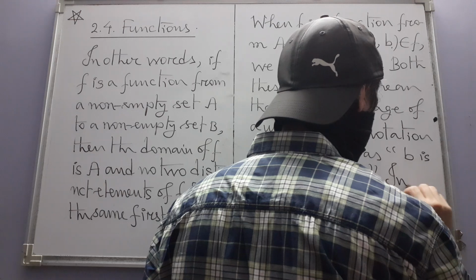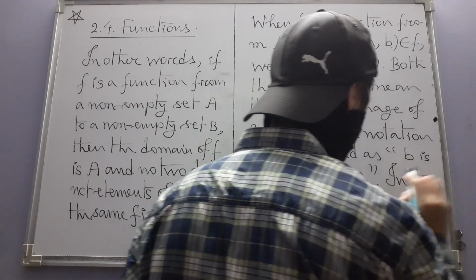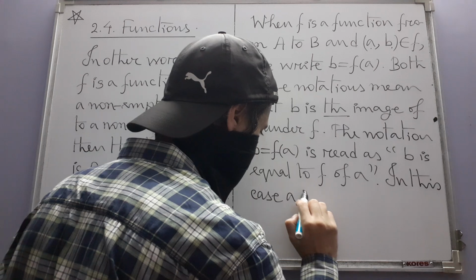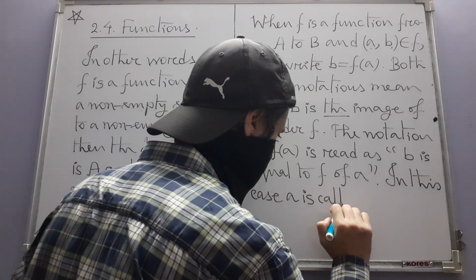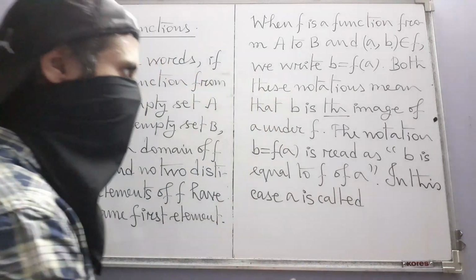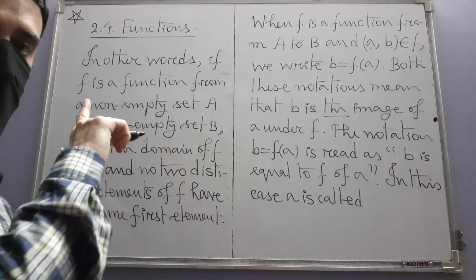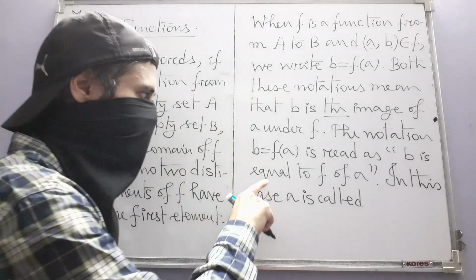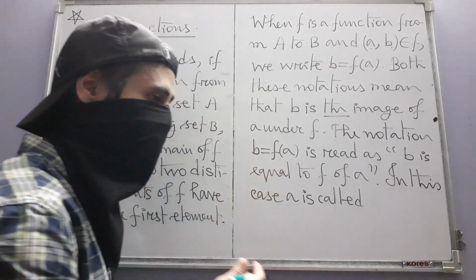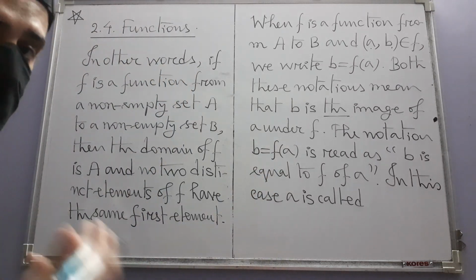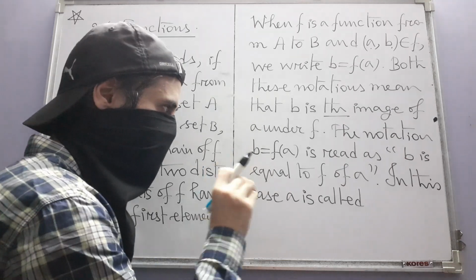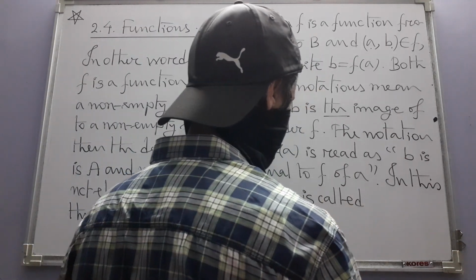In this case, A is called, of course, we already knew even while studying relations, there itself we defined what it means for B to be an image of A. Now the image is unique, so that's the new thing.